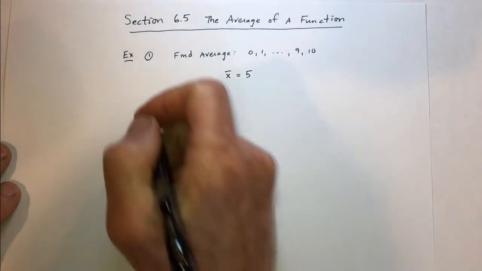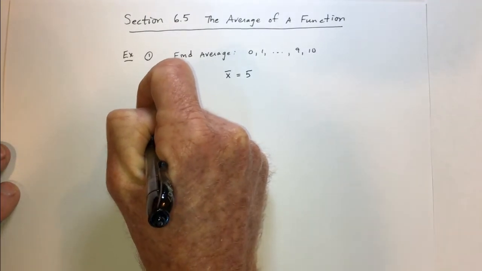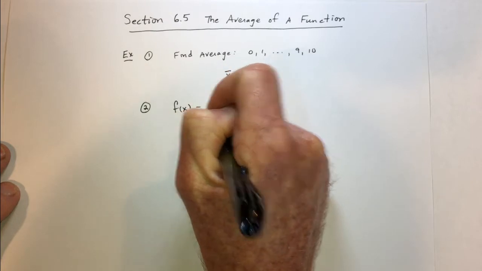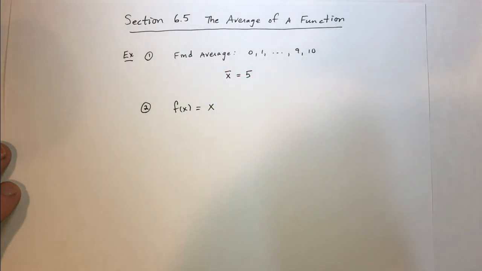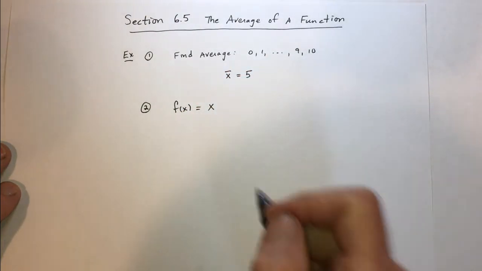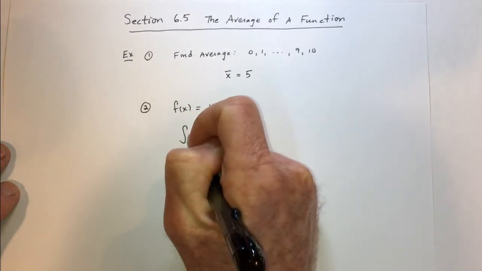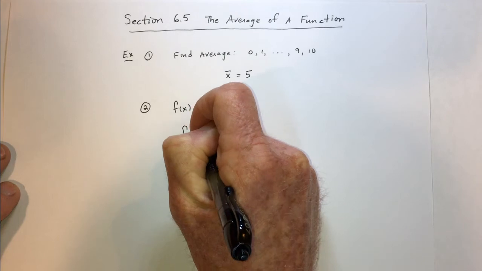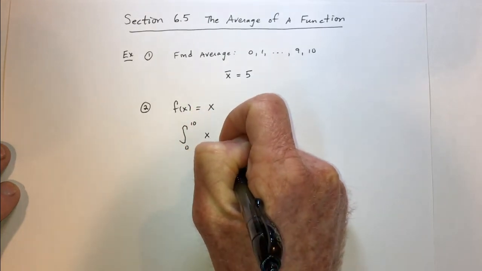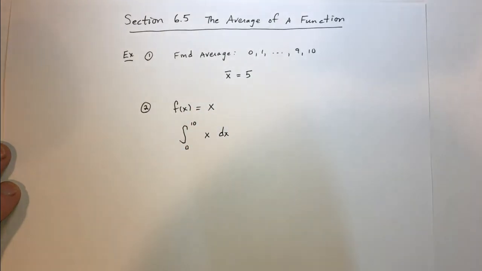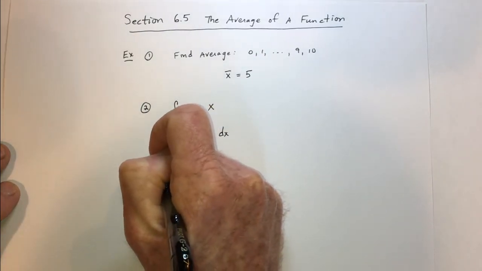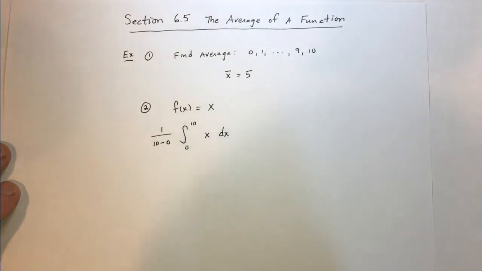All right, now for example number 2. How about if you have the function f of x is just equal to x? And then let's integrate that function from 0 to 10, and then multiply by 1 over the length of that interval that goes from 0 to 10.